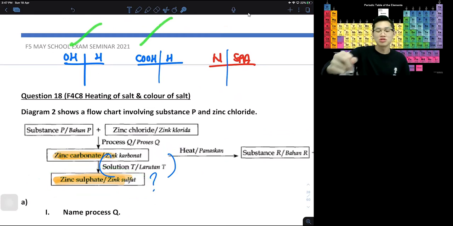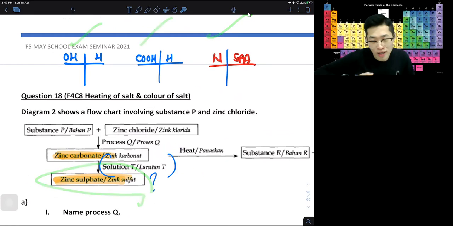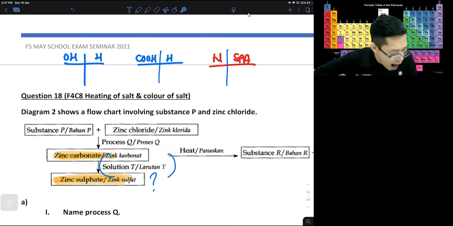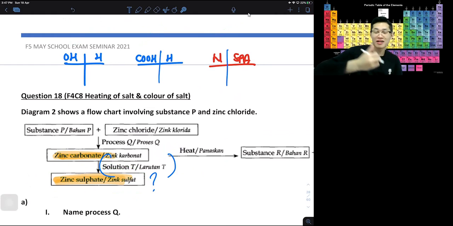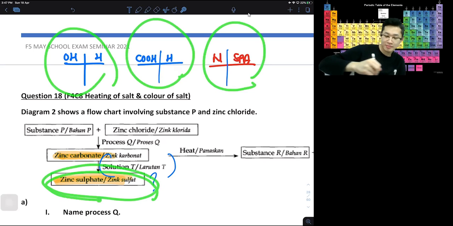Which method do you use, 1, 2, or 3? Yes, Kyrie, very good. Erin, very good. The rest of you, 1, 2, or 3, to make zinc sulfate.